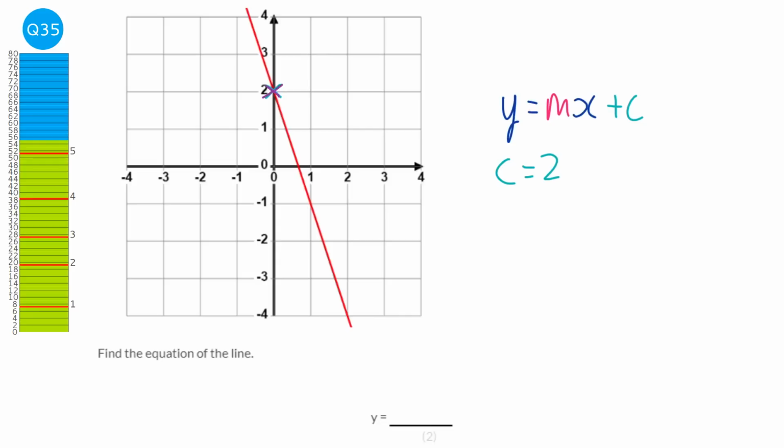So I'm going to pick the y-intercept coordinate, and this coordinate here, we know what that is. And the definition of the gradient is for every one we go to the right, how far up we go. Well, here we actually go down, so we're technically going -3 up. So the gradient is going to be -3 because it's gone down 3. So our equation is y equals -3x plus 2.